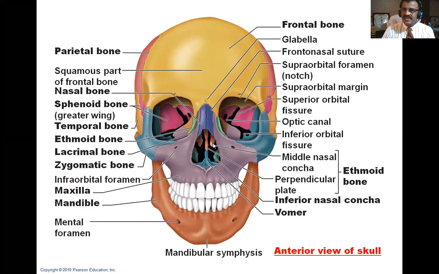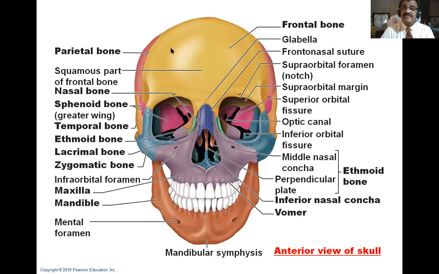This superior nasal concha and middle nasal concha are parts of the ethmoid bone. So the ethmoid bone we have counted, but the inferior nasal concha is an independent bone. Remember these certain exceptions which we come across, okay? And the remaining parts we are going to study separately.